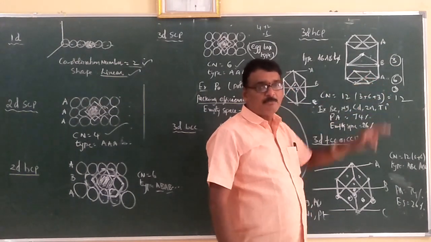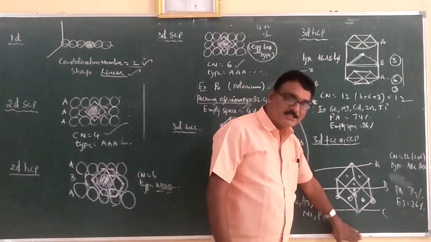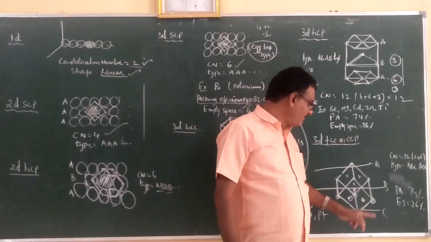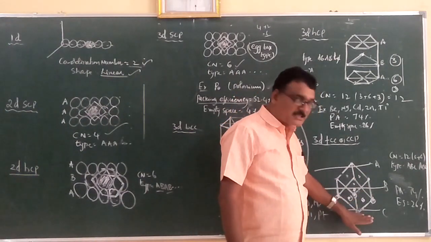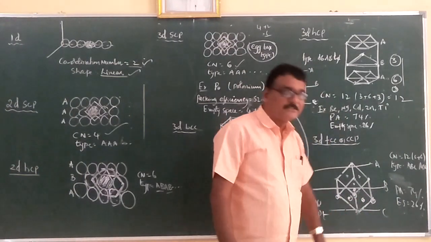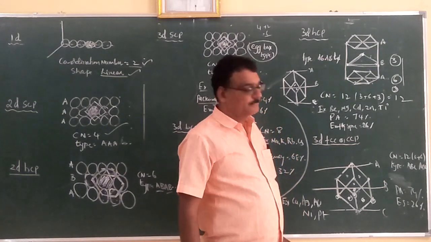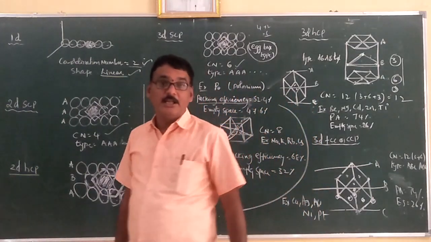Here 6, next C, next again 6. And C after that B. Why? Because A and C will be similar. That's why B after that C, C after that B. So here 6, next 6. So 6 plus 6, 12. Coordination number 12. Type: ABC, ABC type.